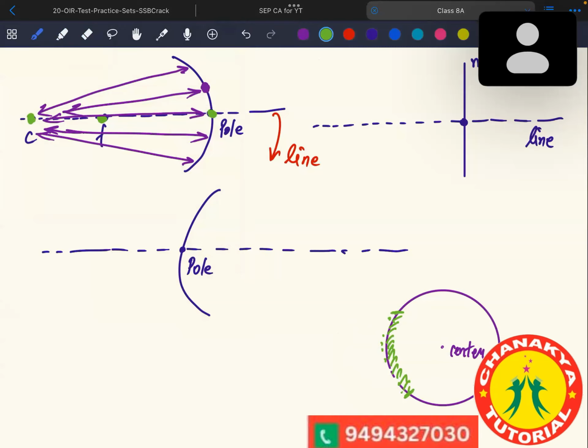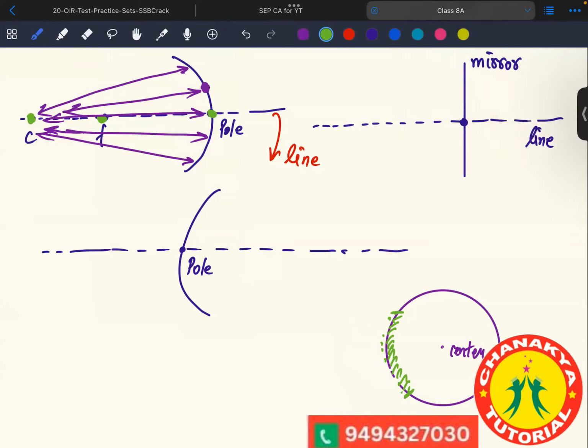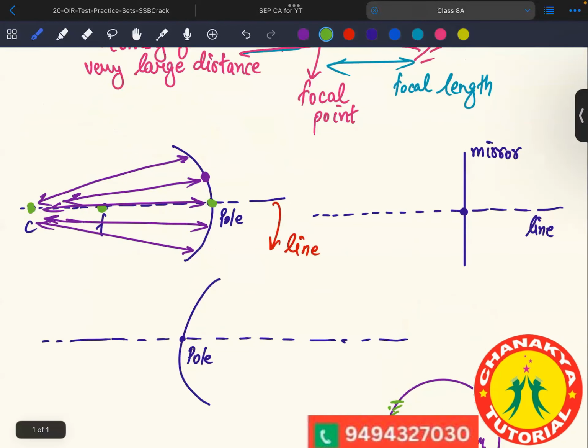Likewise, why are we saying it's the center of curvature? Because it acts as a center. If we complete this mirror which I have made, then this C will act as the center of this whole complete figure.